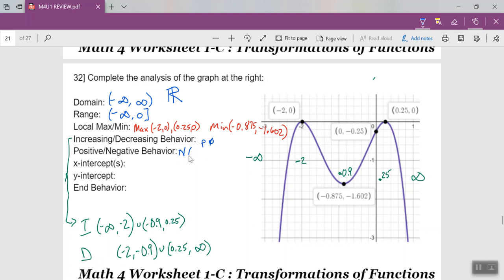So we're going to say that we're going to go from negative infinity to -2. I'm going to need 3 chunks for this. -2 to 0.25, and then 0.25 to positive infinity.